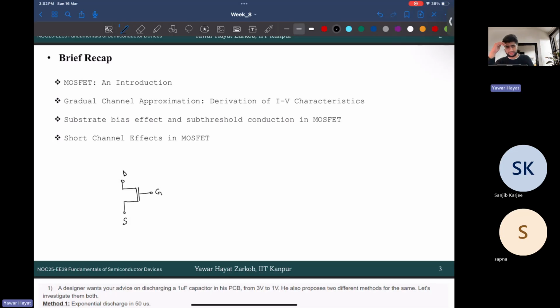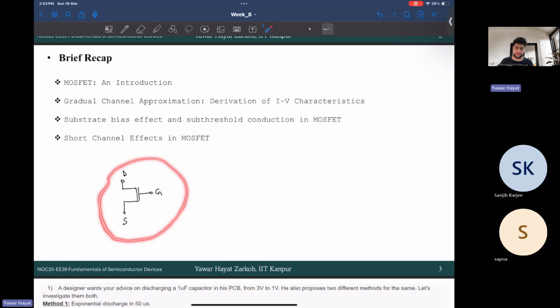What determines that this is drain and this is source? Okay, before that, is MOSFET a symmetrical device or an asymmetrical device?